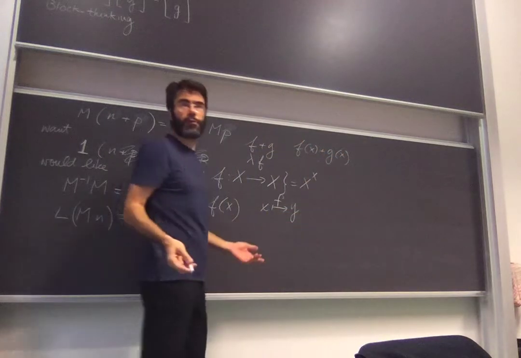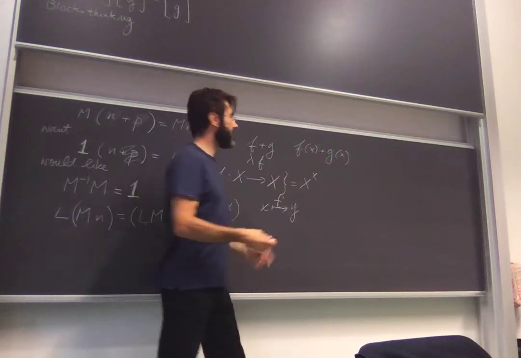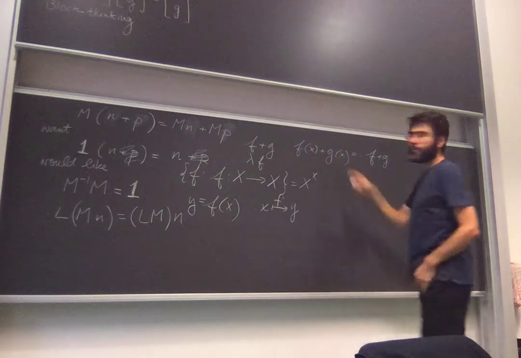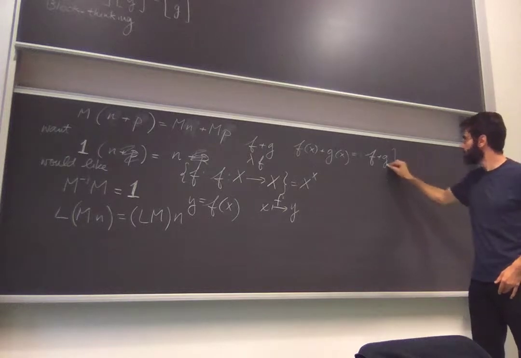So for each X, you can, of course, sum these because these are elements of the vector space. And therefore, this allows you to define, from some given functions f and g, a new function, call it f plus g.